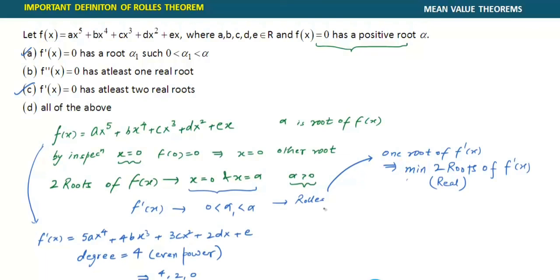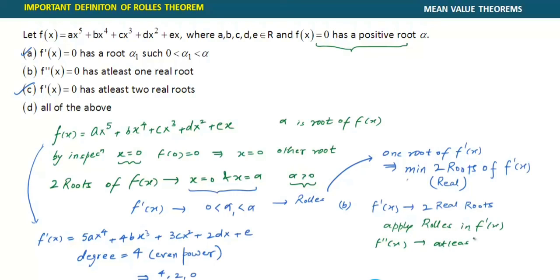And if we talk about the B option, let's say f dash x has 2 real roots. Now apply Rolle's theorem in f dash x rather than fx. So the derivative of f dash x, that is f double dash x, will have at least one root lying between the roots of f dash x.